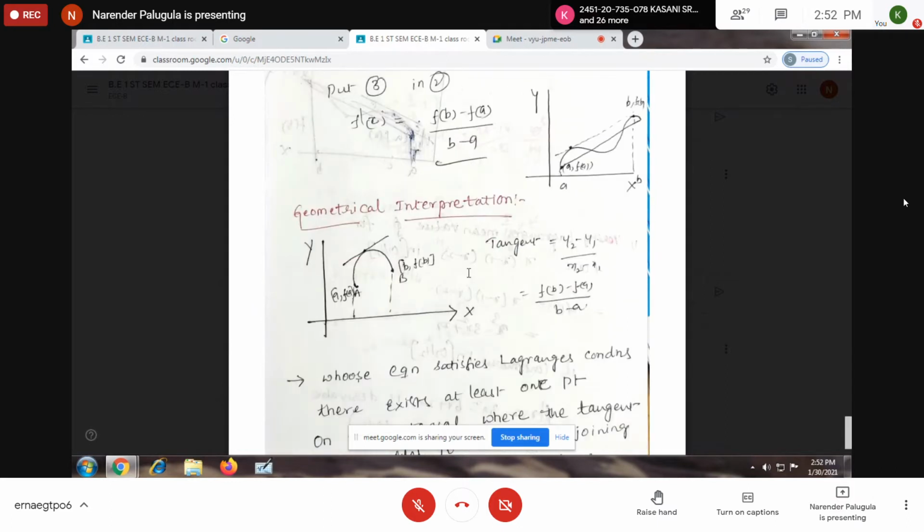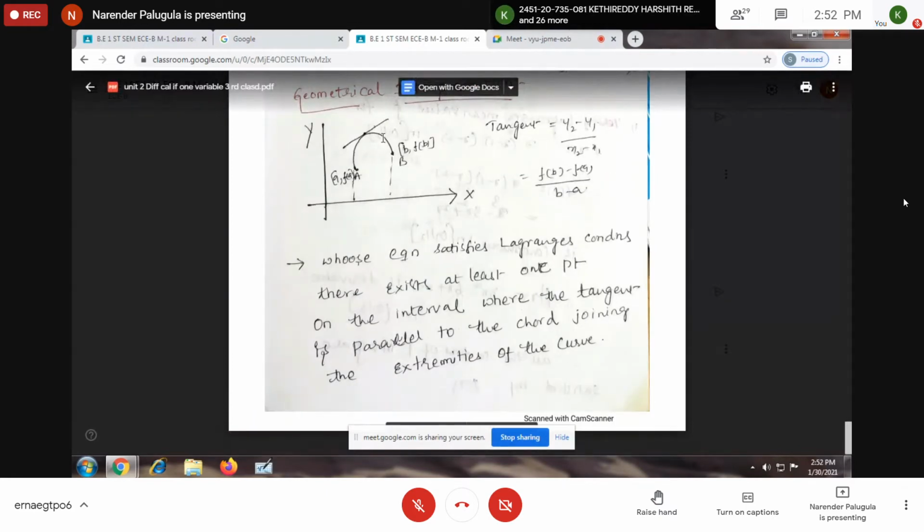Now the geometrical meaning of Lagrange's mean value theorem is clearly given. If AB is a smooth continuous curve in the xy plane, smoothness means differentiability. When the curve is smooth, then everywhere on the curve we can draw a single tangent line. That means it is differentiable. If you can draw one tangent line at a point, then that is called a differentiable point.